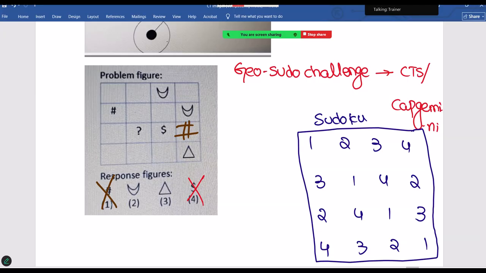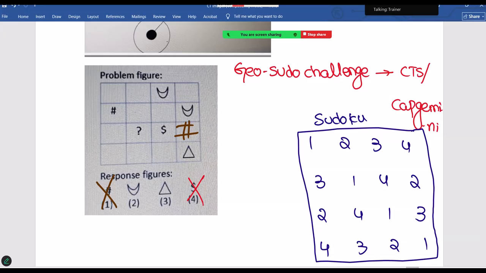This one will be hash. This one will be triangle. Triangle cannot come here, this will be dollar. One slot filled is hash. We'll get the answer, but I want it in less number of steps. I don't want this many steps. By one step or two steps, we have to find the answer. We always find a path, so that the answer is done in less number of steps.